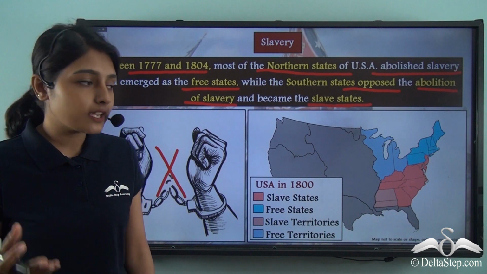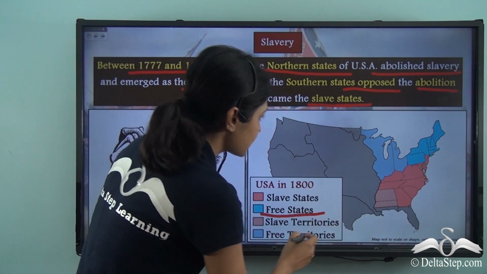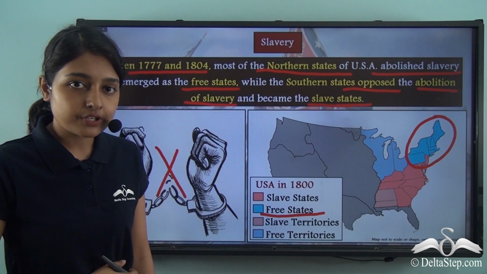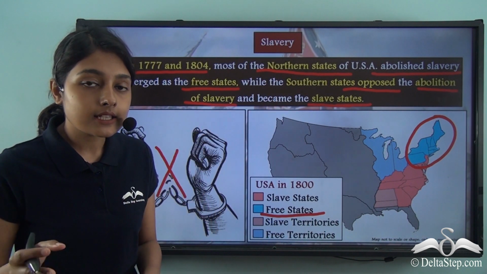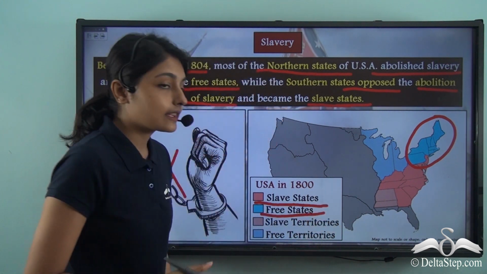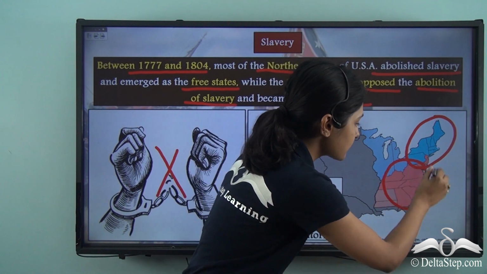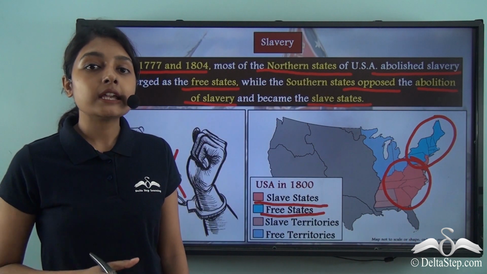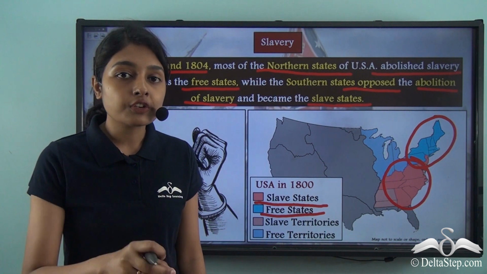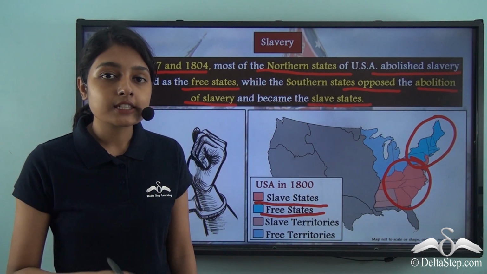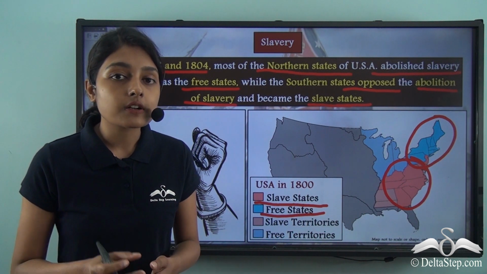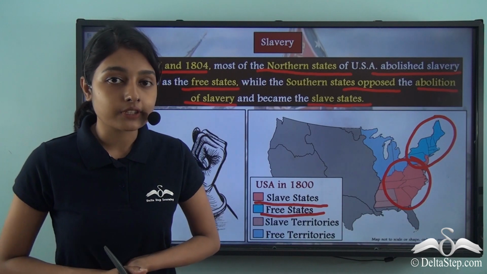On the one hand, we have the free states, that is, the northern states who abolished slavery, and on the other hand, we have the slave states, that is, the various southern states that were in no way intending to abolish slavery. This is the beginning of the conflict, the beginning of dissent between the northern and the southern states, and it was the issue of slavery that was at the heart of everything.